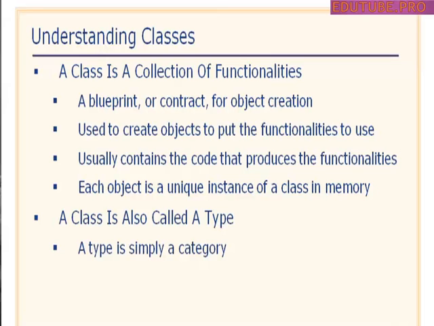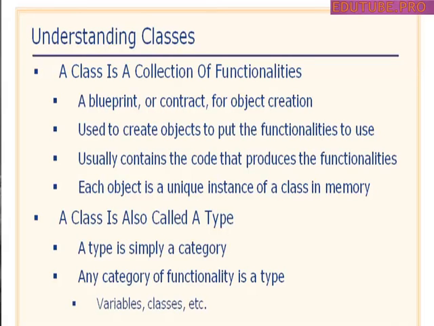But understand that a type is really simply a category of code or a category of functionality that has a name in programming. Any category of functionality is a type. For example, a variable is a type, and we talk about it all the time. It's a type integer. A class is a type. It's a collection or a category of functionality. All right? So don't let that confuse you.